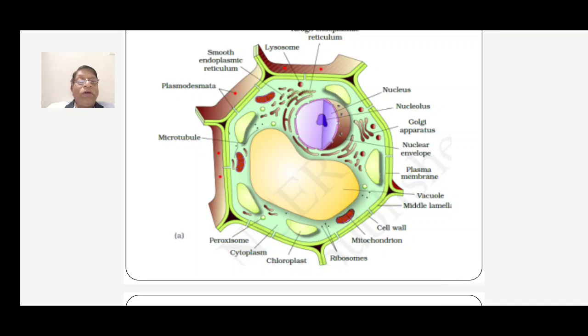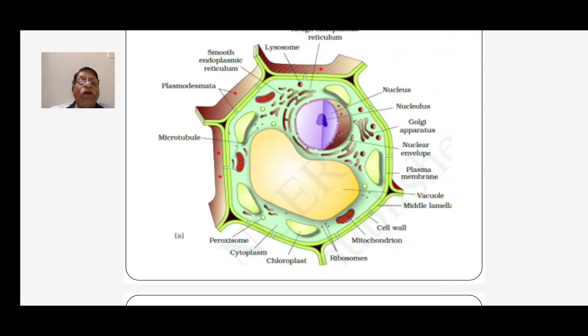So that's all, the ultrastructure. Once again I repeat, cell wall, the outermost layer. Next layer is cell membrane or plasma membrane. Next, inside this we come across the protoplasm, which includes cytoplasm. Within the cytoplasm we have seen various cell organelles.